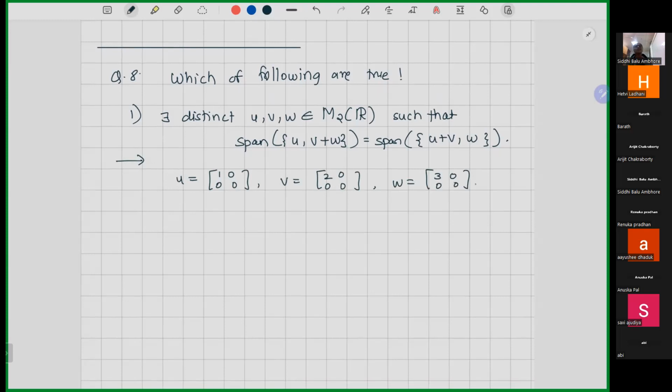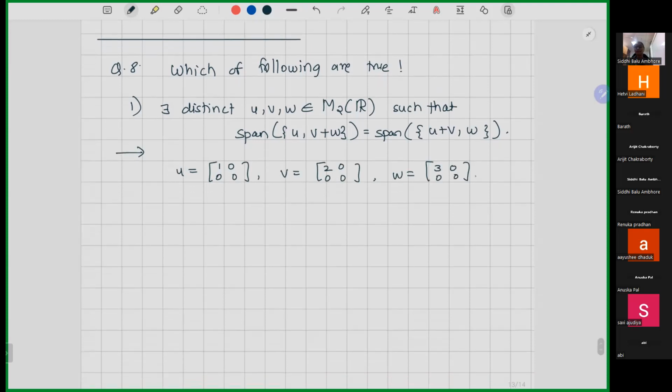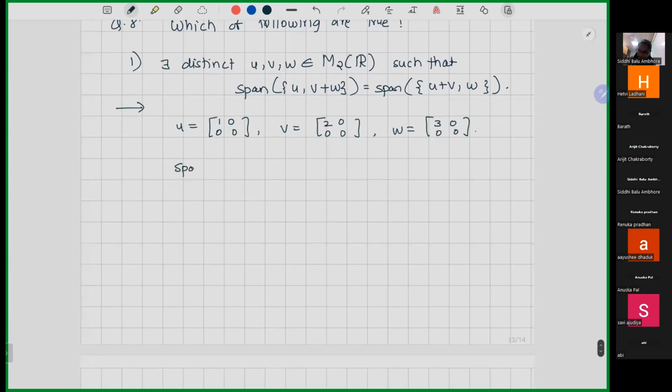Can somebody give me what is the span of u comma v plus w? What is your guess? And what is the span of u plus v comma w?